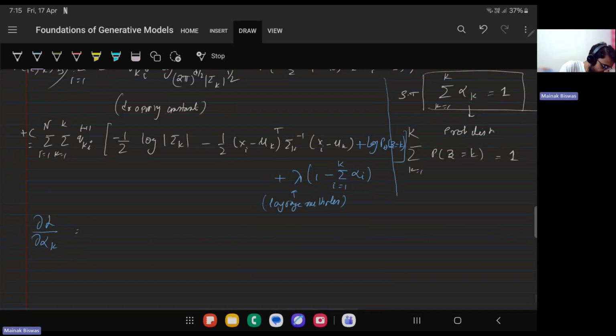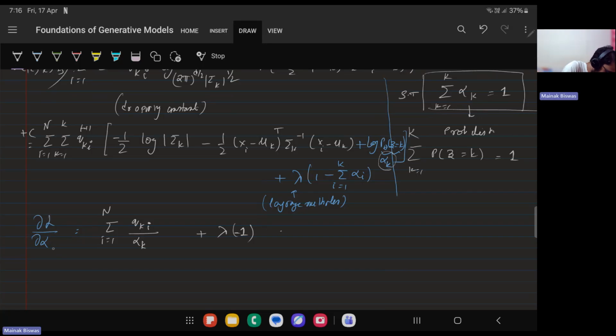So I will be taking the derivative with respect to alpha k. This is nothing but alpha k. If I take the derivative with respect to alpha k, I will get the sum over i equal to 1 to n of q ki, because only this term will exist for the k derivative by alpha k, plus lambda into 1 minus 1, because the derivative of all other alpha k's will go to 0 except the kth alpha.